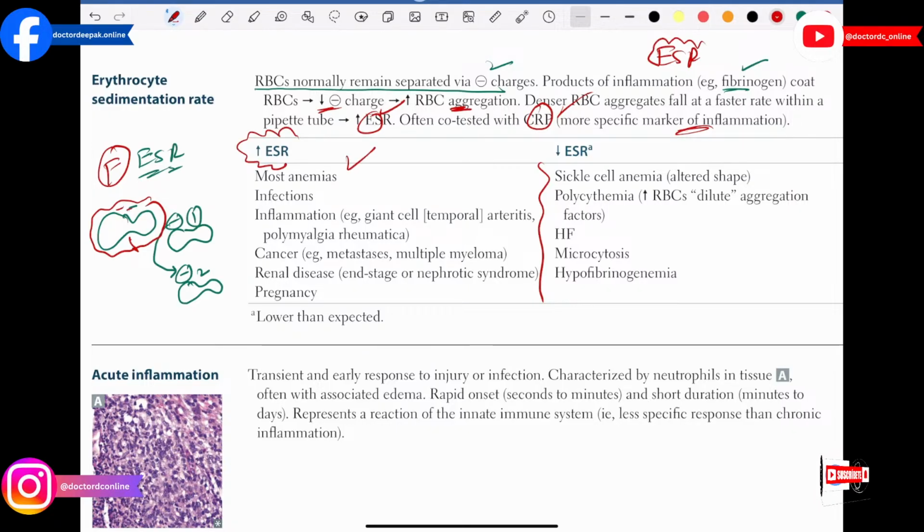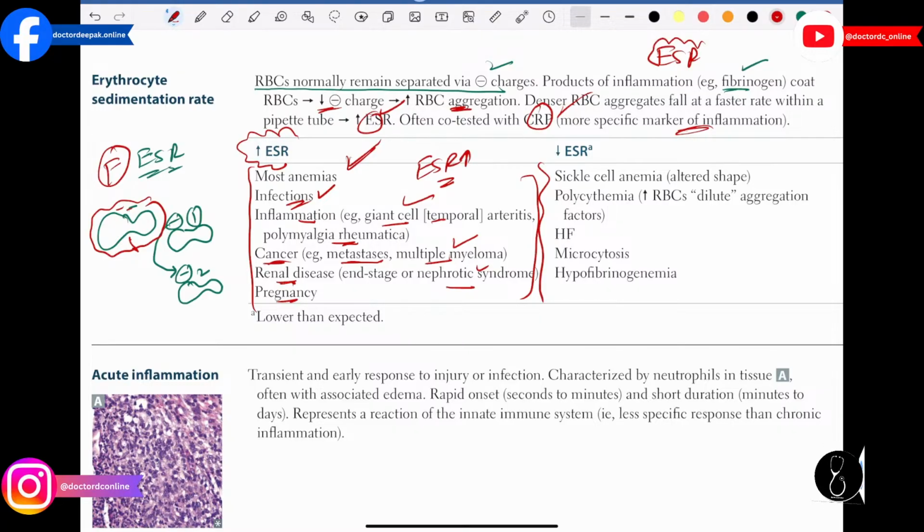If you have anemia, the ESR is going to be increased. If you have infection, the ESR is increased. If you have inflammation like giant cell temporal arteritis or polymyalgia rheumatica, if you have cancer like metastasis of cancer or multiple myeloma, if you have renal disease like end-stage renal disease or nephrotic syndrome, and if you have pregnancy. So basically these are the examples in which the ESR count can be increased in your body.